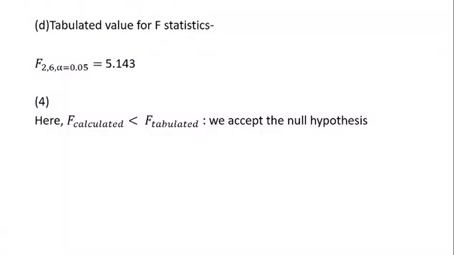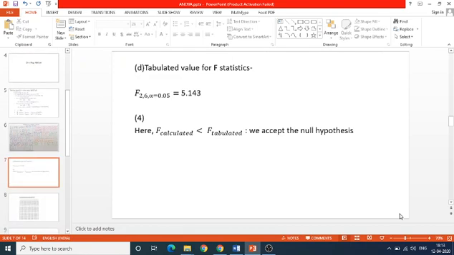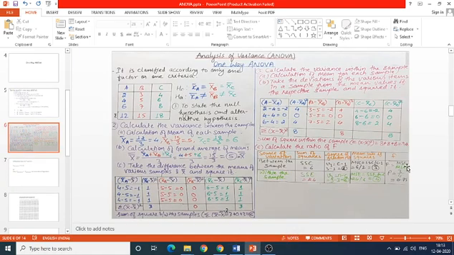Now we will find out the tabulated value of the F statistic at the 5% significance level. We see that the degree of freedom of the numerator, MSC, is 2, and the degree of freedom for the denominator, MSE, is 6.